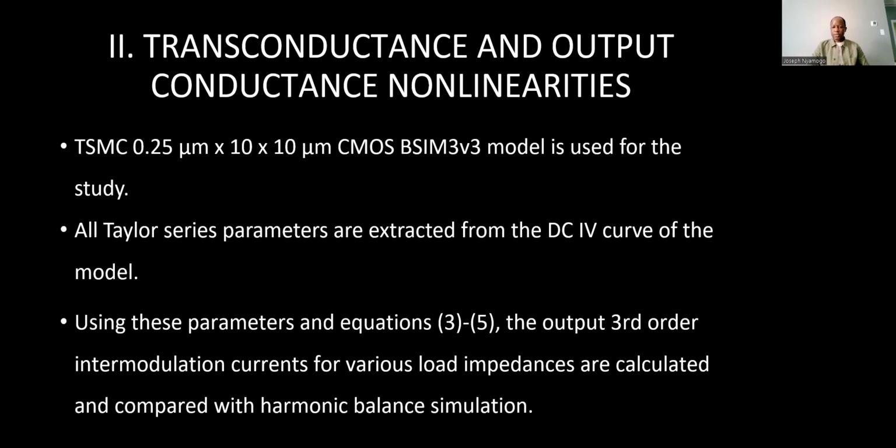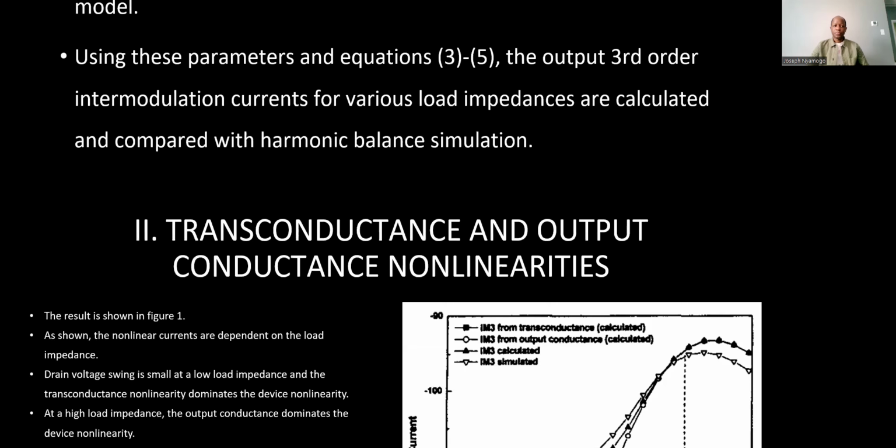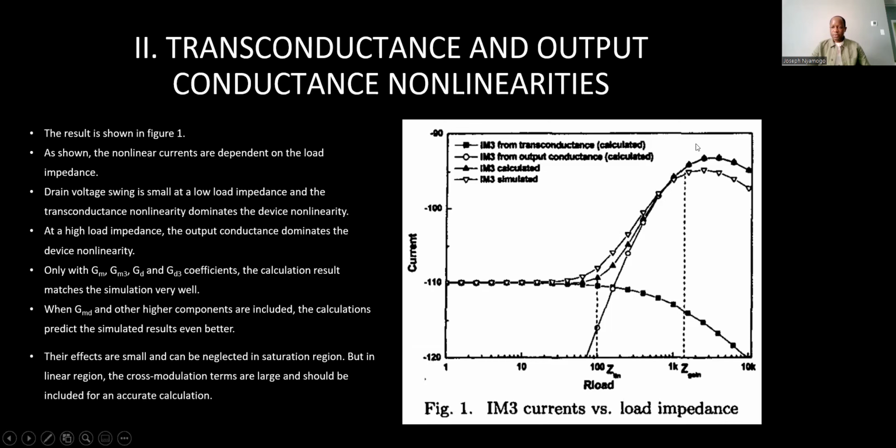Using these parameters and equation 5, the output third-order intermodulation current for various impedances is calculated and compared with harmonic balance simulation. The result is shown here in figure 1. As shown, the nonlinear currents are dependent on the load.